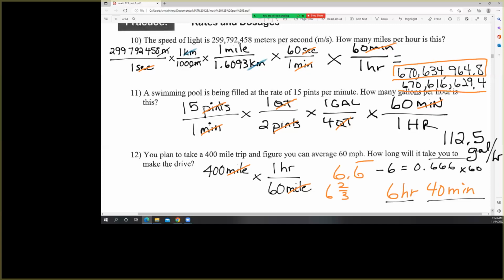A few of these will take more conversions. For instance, on number 7, because it goes from kilometers per hour to feet per second, we will get different answers depending on when we do our conversion because of the rounding in the conversions.